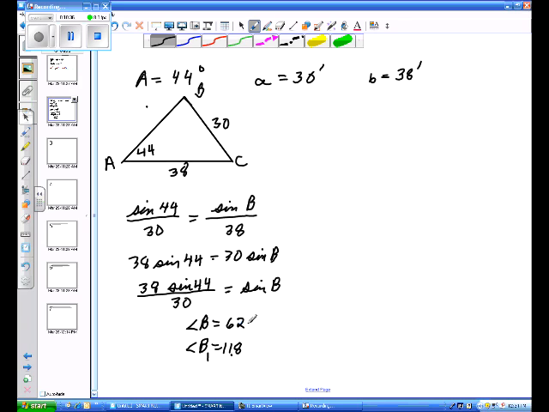I'm going to go through and work it for 62 degrees because I know definitely that there is a triangle for that. So what I need to do is figure up what angle C is. I know angle A. I found that angle B could be 62. So for angle C, I'm going to subtract.